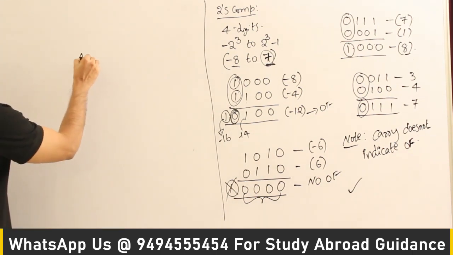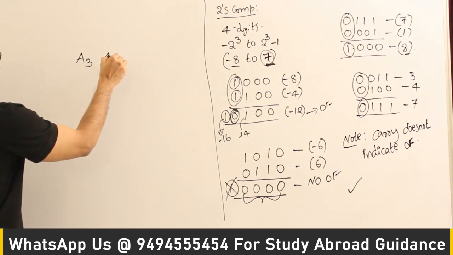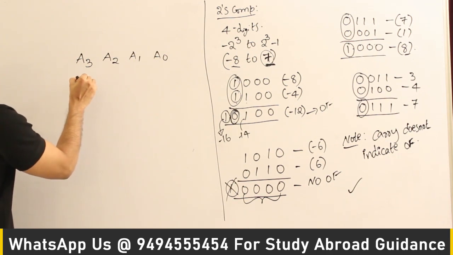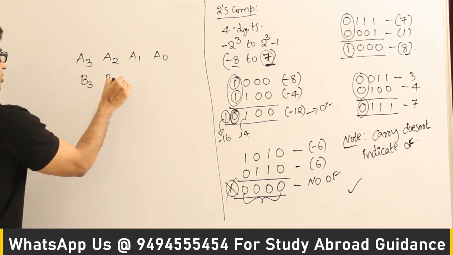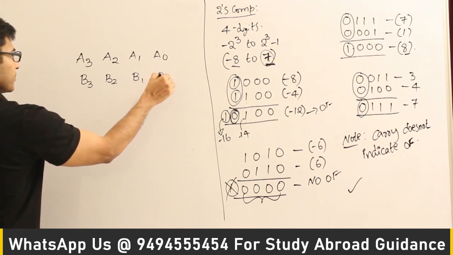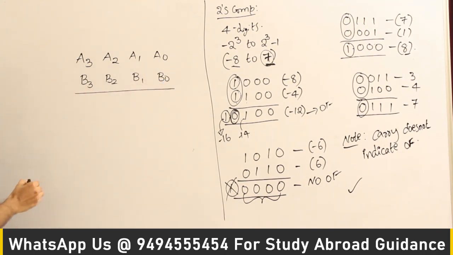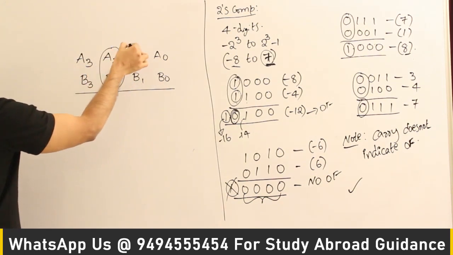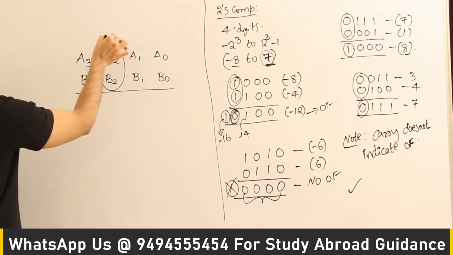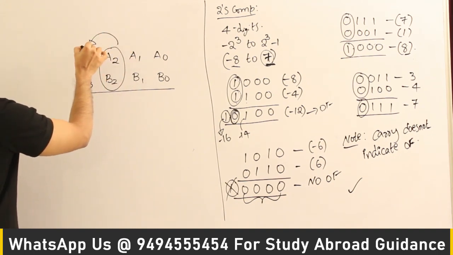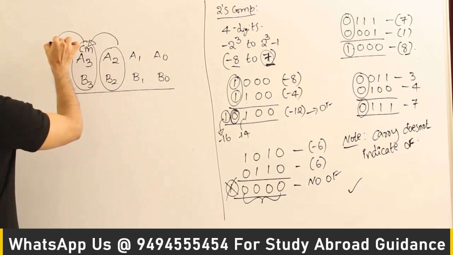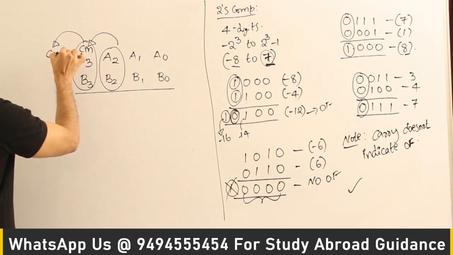Let us say we are adding two 4-bit numbers, A3, A2, A1, A0 is one 4-bit number, and similarly B3, B2, B1, B0 is the other 4-bit number. Okay. Now whatever carry we get into this stage, let's call it C in, and whatever carry we get out of this stage, let's call it C out.